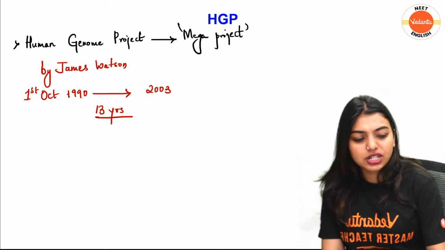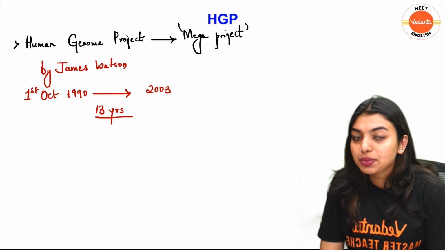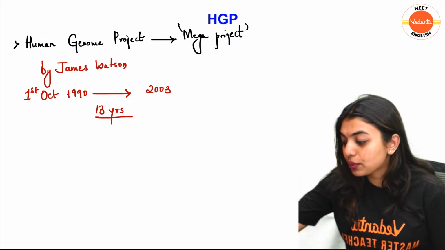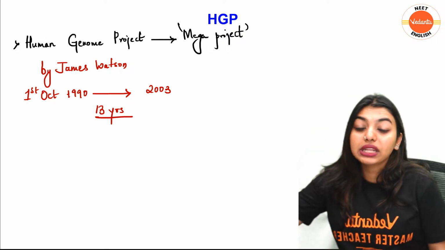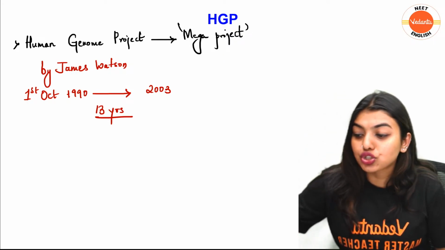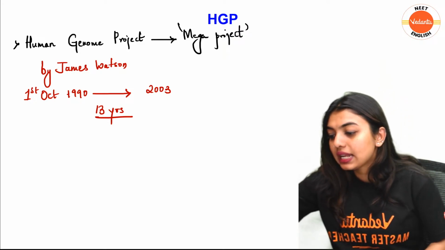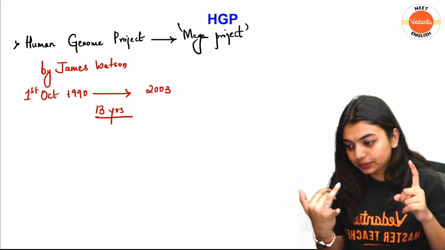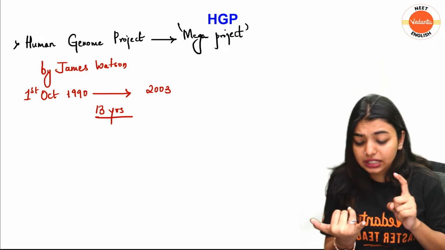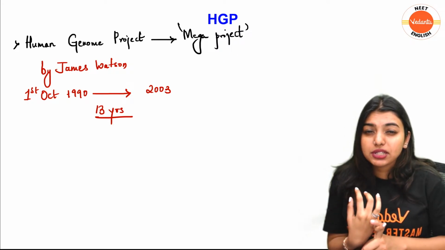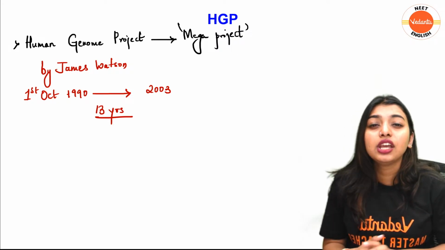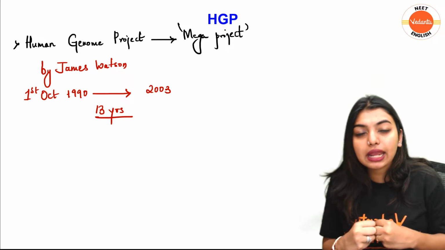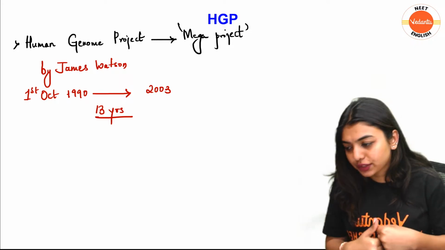And this project is not called a mega project just because of the budget, but also because of how many big institutes joined hands with it. In Japan, all the top departments of Japan, France, Germany, the US, all these people came together to make this project a successful one.